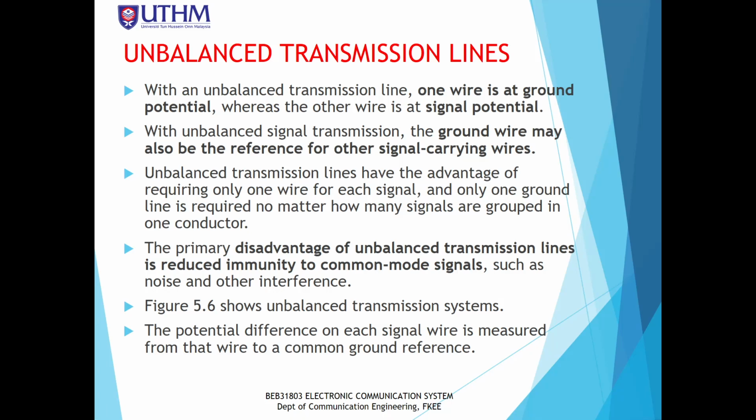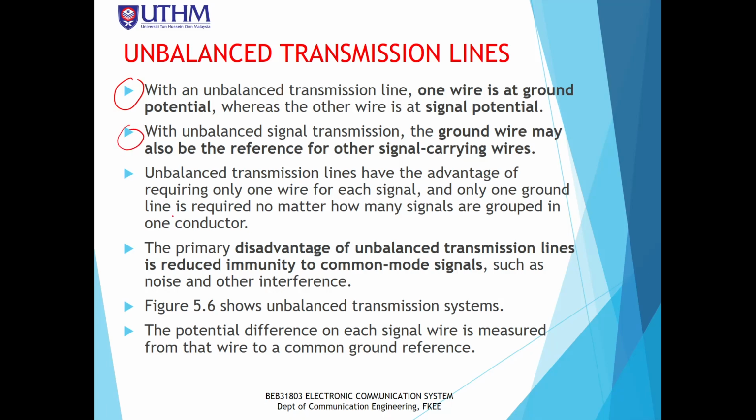And for the unbalanced transmission lines, for example, the coaxial cable, an unbalanced transmission line has one wire at ground potential whereas the other is at signal potential. In an unbalanced transmission line, the ground wire may also be the reference for other signal wires.